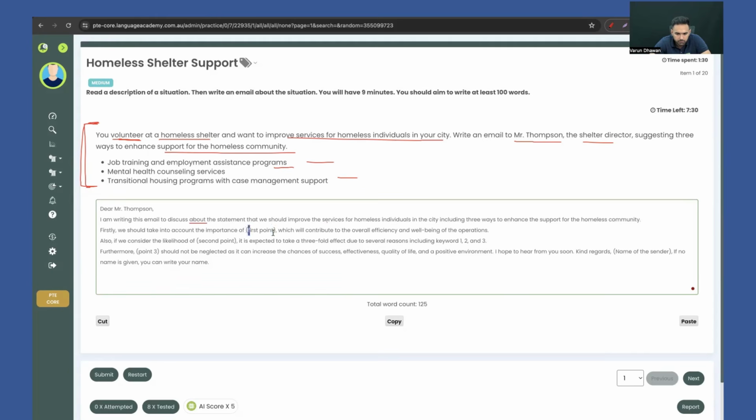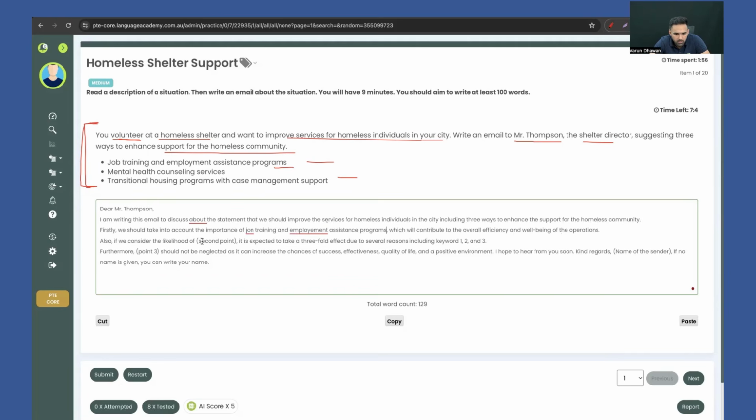Firstly, we should take into account the importance of job training, the first point, and employment assistance programs. That's it, which will contribute to the overall efficiency and well-being of the operations.